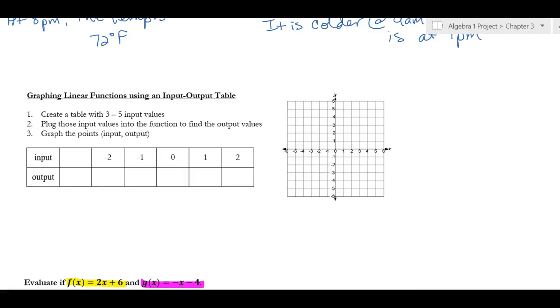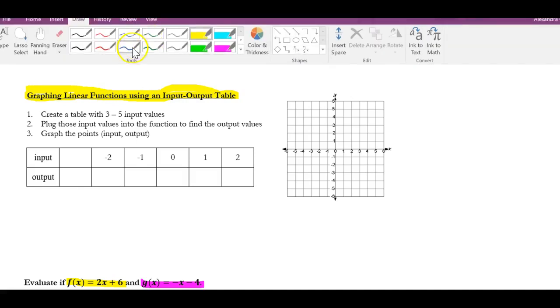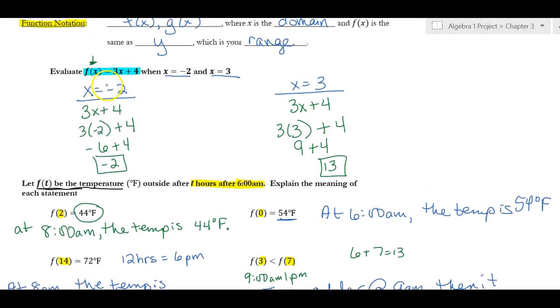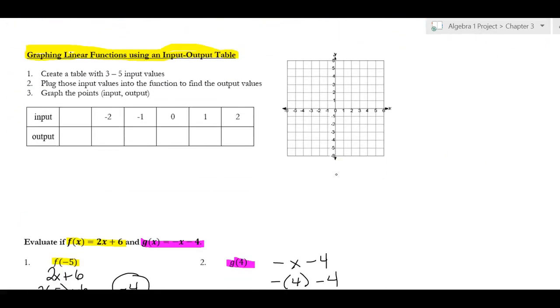Okay, so when we graph using a table, this is an input-output table, so it's kind of like a function table because that's what we did up above. We did input output. The input was a -2, the output was a -2. The input was a 3, the output was a 13. So it's going to be very similar to that.